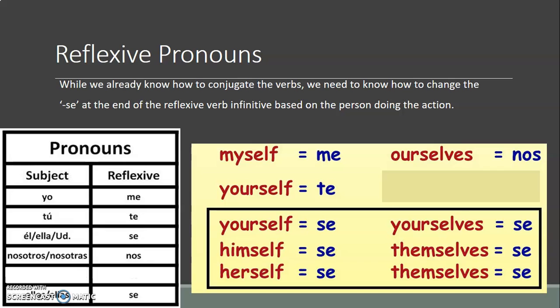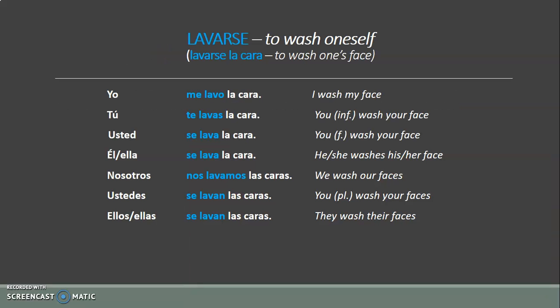When we say te before the verb, it's almost as if we're saying yourself. Se, depending on if you're using él, ella, usted, would be like saying yourself, himself, herself. Nos, ourselves. Se, yourselves for ustedes. And se, themselves for ellos and ellas. I know it sounds a little bit confusing now, but you're going to see exactly what I mean.